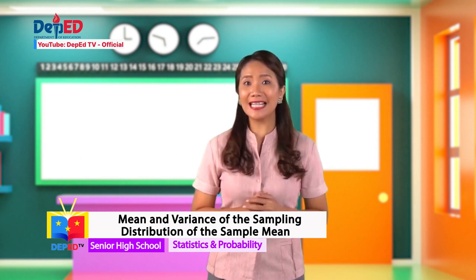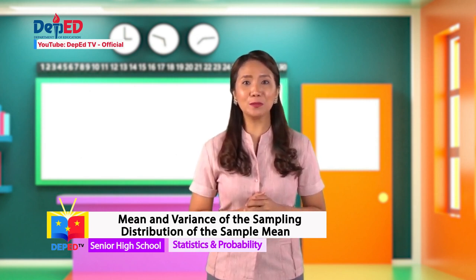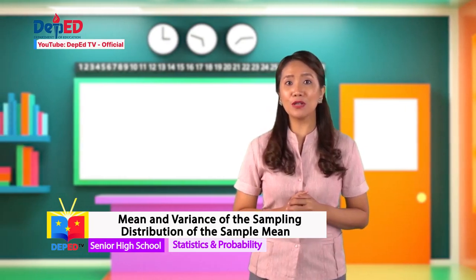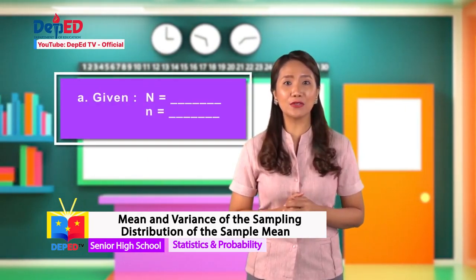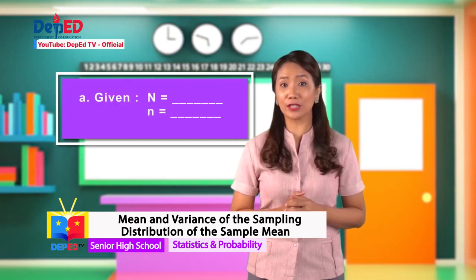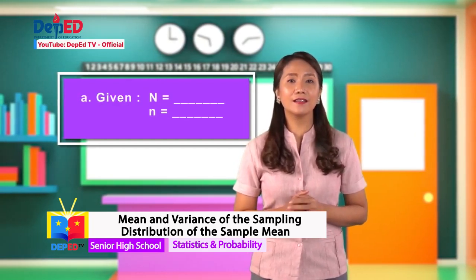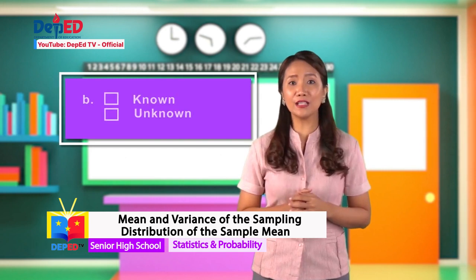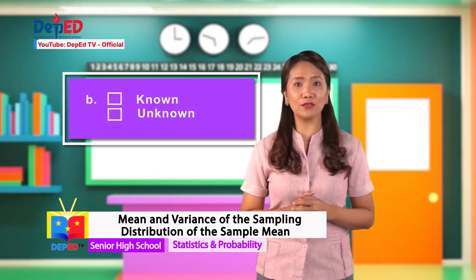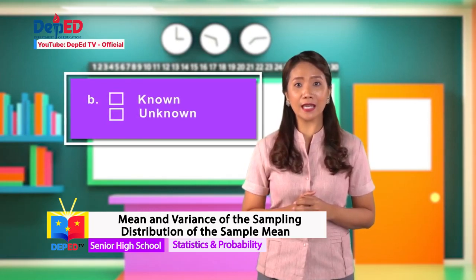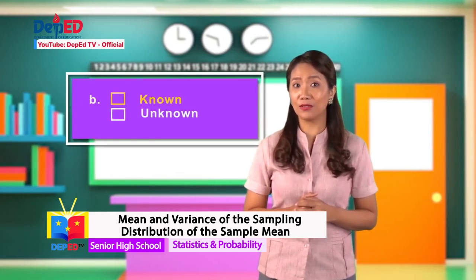But for now, let's have another activity. I will present the problem, then we'll do several tasks. First, we will supply the values of the given variable if there is any. Then, we will identify whether the situation provides an avenue for us to compute the value of the variance. In that case, we'll write known.